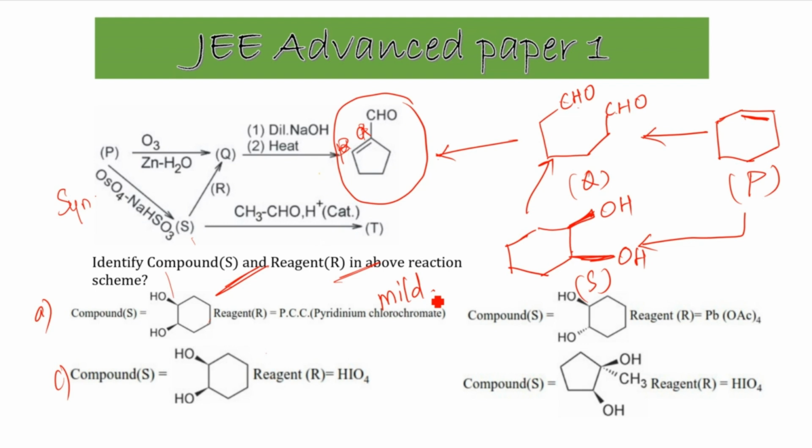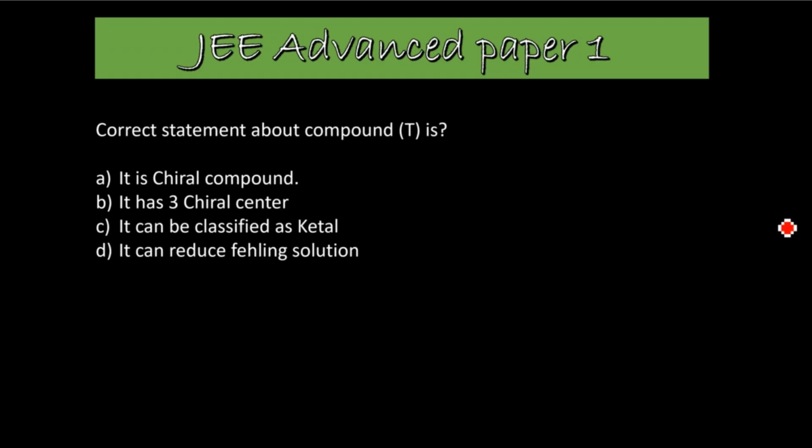Which will give you primary alcohol to aldehyde. But in case of HIO4, periodic acid, that will give you Q. This works great for our diol compounds, vicinal diols, which will react with periodic acid to give 2 carbonyl compounds. Okay, so answer to this question is option C.